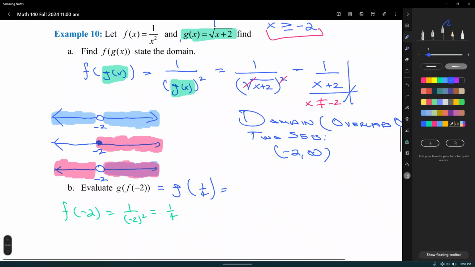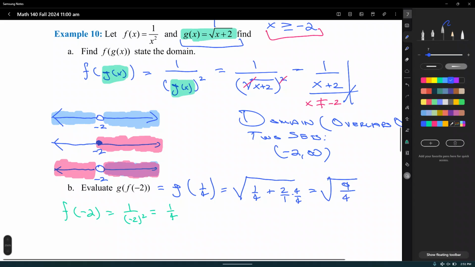Now we go to the function g of x equals the square root of x plus 2, which is square root of 1/4, because that's the x, plus 2. And simplifying these two numbers, let's write this as 2 over 1, multiplying numerator and denominator by 4. That'll be the square root of (1 plus 4 times 2, which is 8, that's 9)/4.